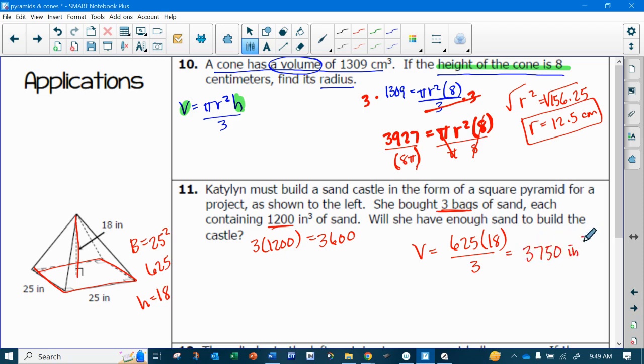And that's inches cubed, just like this is inches cubed. So what I see here is that I have 3,600 inches cubed of sand, but if I'm going to build this particular sandcastle, I need 3750. So I do not have enough. It says, will she have enough sand to build the castle? No, she needs another bag.